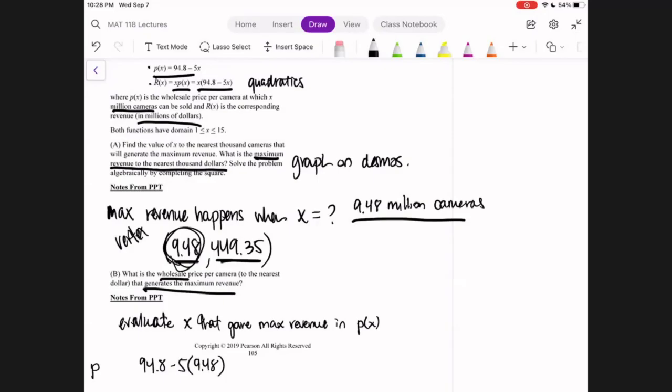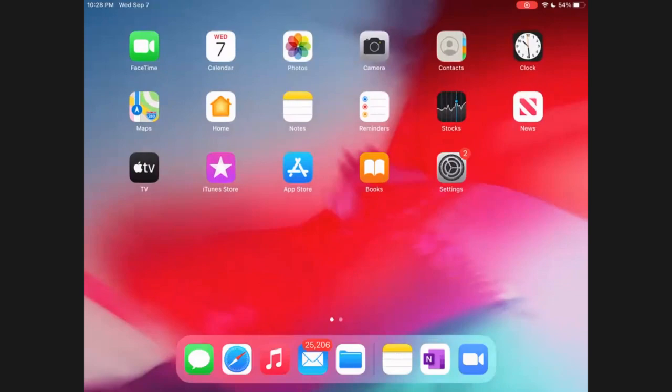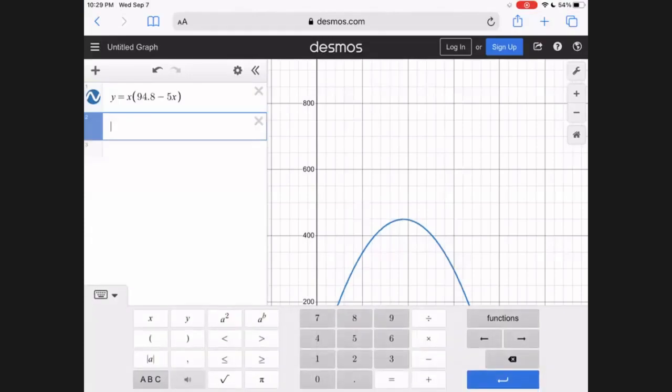So that's your tiny p of, okay, whatever that would be. So let's go back over to Desmos and see what that would be. So 94.8 minus 5 times 9.48. So 47.4.